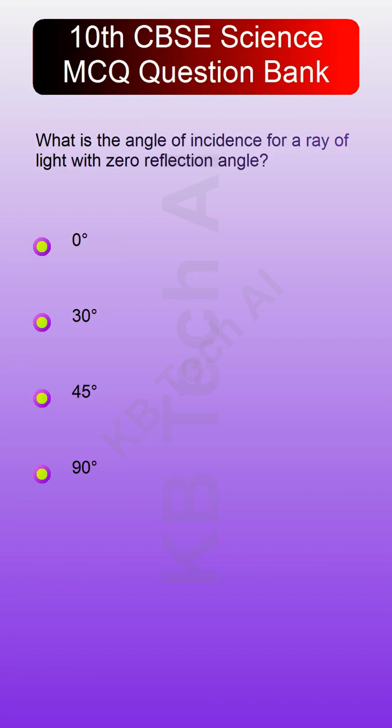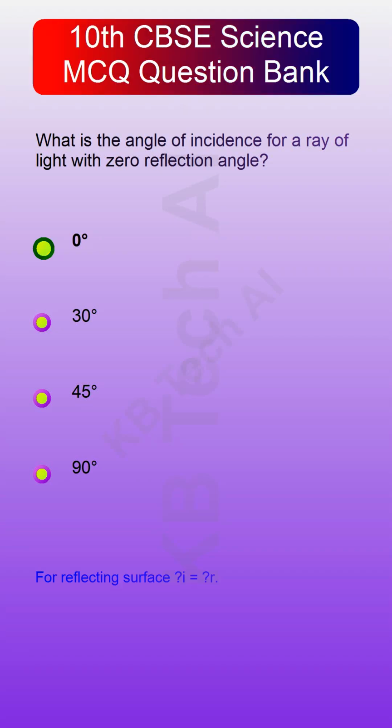What is the angle of incidence for a ray of light with zero reflection angle? Option 1, 0 degrees, Option 2, 30 degrees, Option 3, 45 degrees, Option 4, 90 degrees. The answer is, Option 1, 0 degrees.